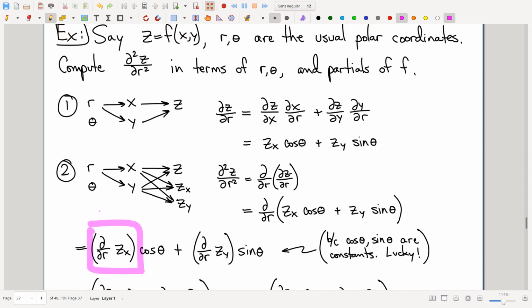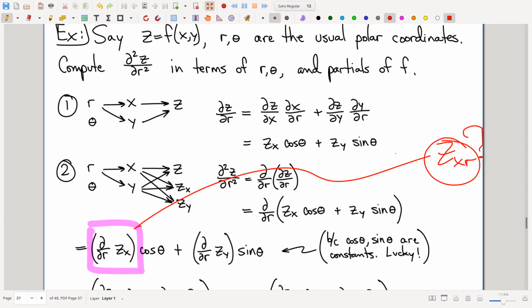Okay, so I want to warn you off of a misguided take on this. All right, well, I've got z, and apparently I'm taking an x partial, and then I'm doing an r partial, so why don't I just view this as zxr?